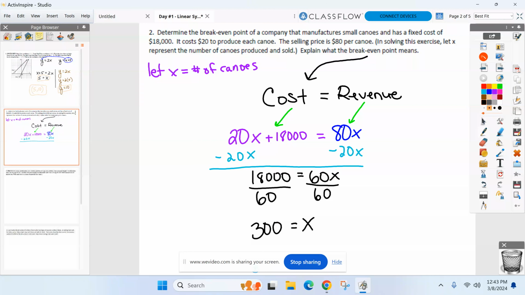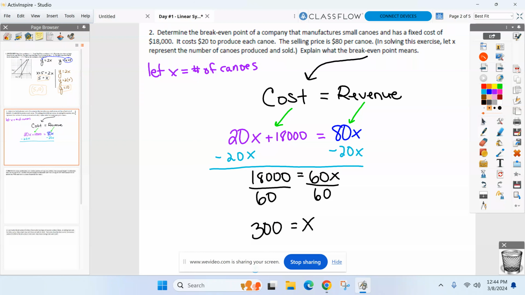Yes, Harper. Didn't you just start with 18,000 equals 60x from the beginning? If that's where we ended up, yeah. So you could. You're just skipping the first step there. That's fine. 60x equals 18,000. So you don't need to show the work, but at least show 60x equals 18,000.